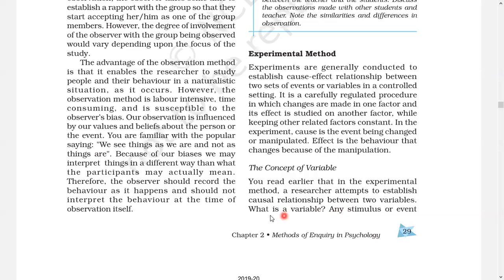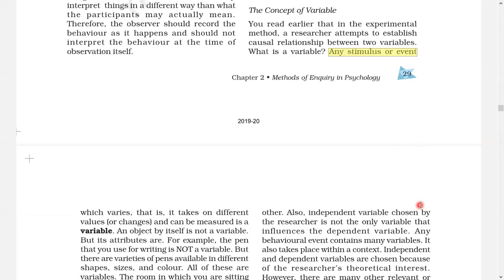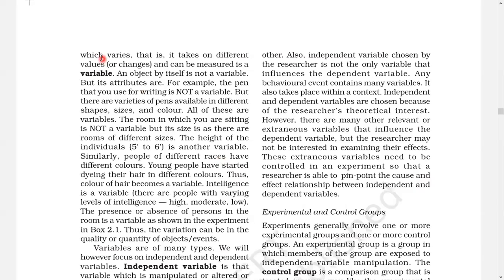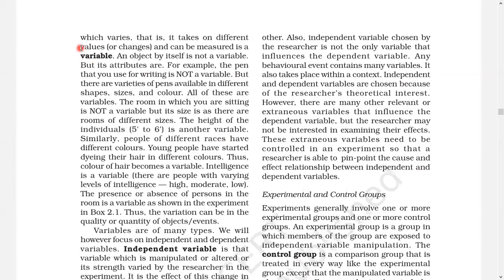So you may have got the question, what is a variable? Any stimulus or event which varies, that is, it takes on different values and can be measured. A factor or an event.